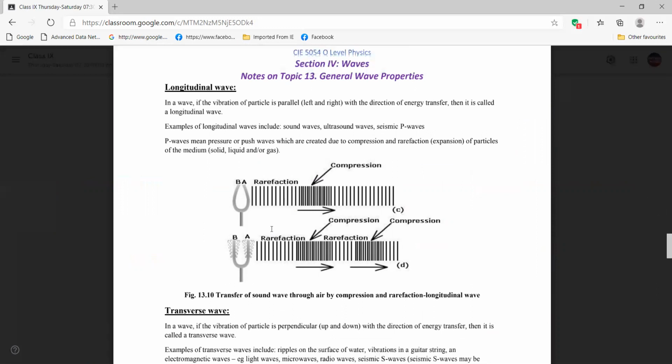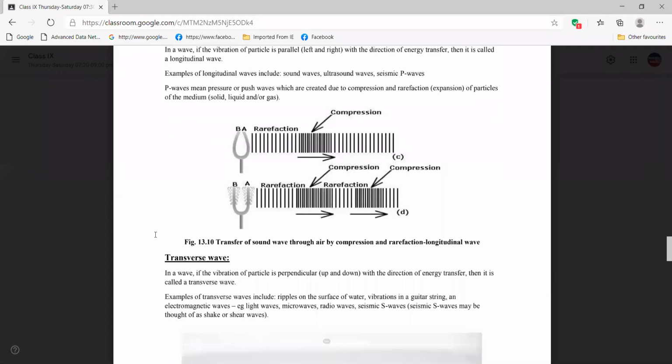Compression means the particles are closer, and rarefaction means they are far away, right? Is it clear?